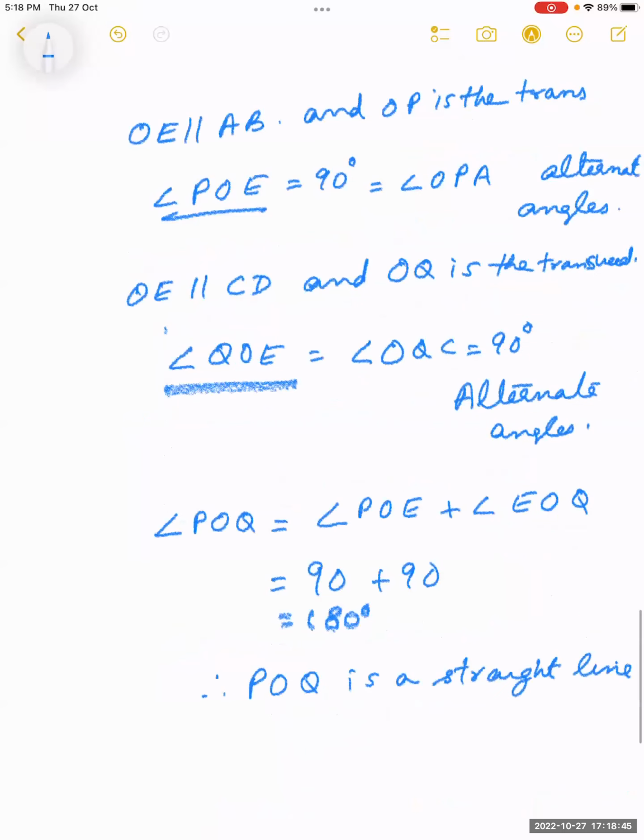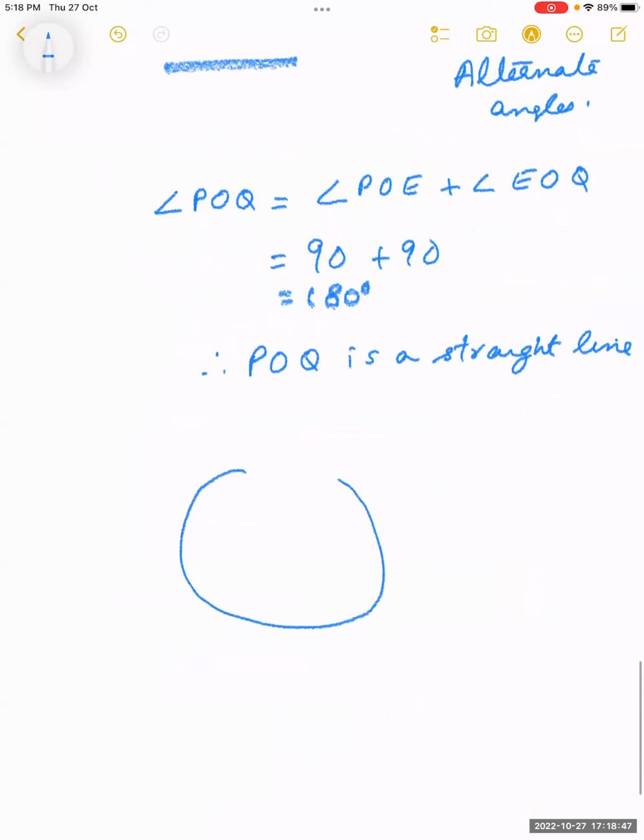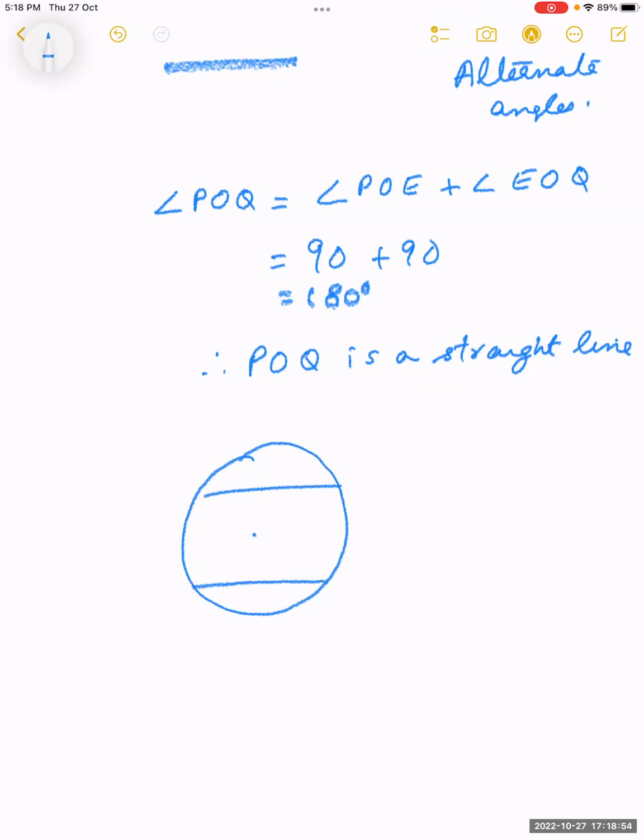See, I told you this, when we did this problem, we had taken the parallel chords on either side of the origin, the center of the circle, right? Now, if I draw both the parallel chords on the same side, then also this is the same. The rule remains the same.